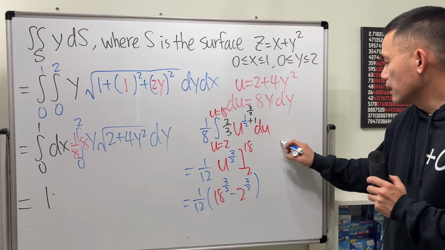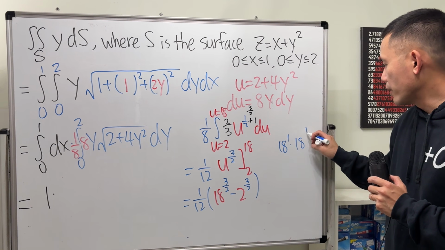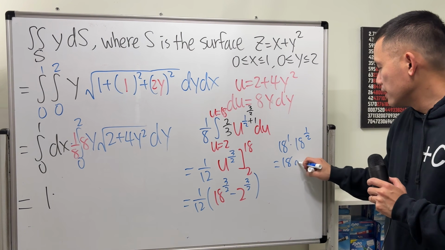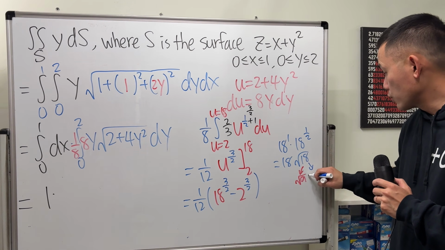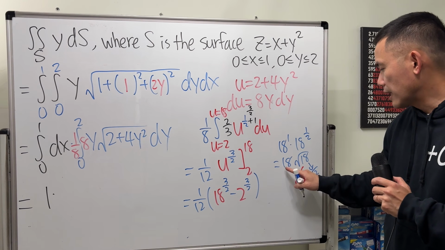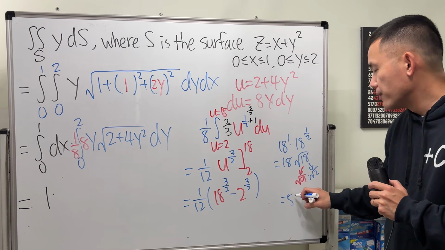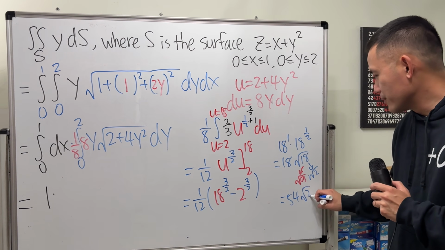Okay, look at this as 1 plus 1/2. So that's the same as saying 18 to the first times 18 to the 1/2, which is 18 square root of 18. And that's the same as square root of 9 times square root of 2. That's 3 times that is 54 square root of 2.